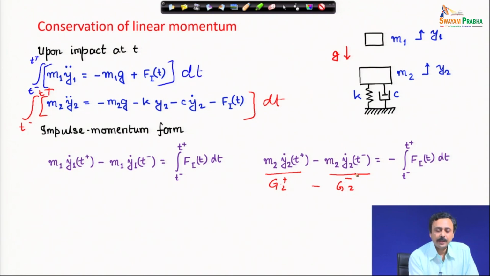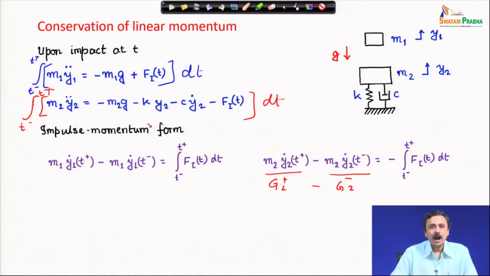What happened to m2g? Again it is a constant force. And k y2, that is the spring force. In that very short duration of the impulsive force, the mass m2 will hardly be able to move, therefore y2 hardly changes, therefore there will be hardly any contribution of the spring force in momentum change.